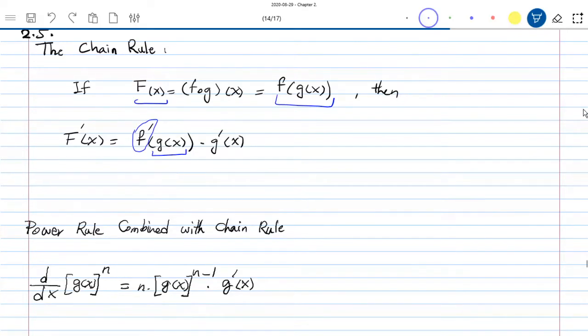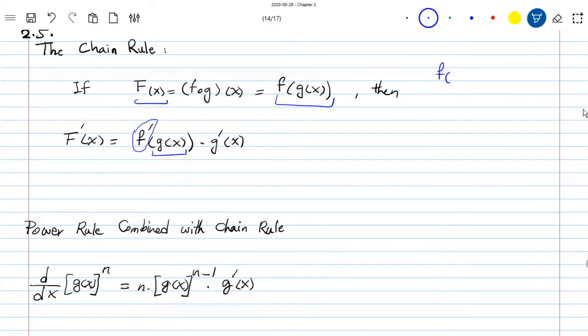If you have, let's say, f of g of x, and they ask you to find the derivative with respect to x, you can think about this and say, okay, I'm going to call this inside function star. So what I have is d over dx of f of star.